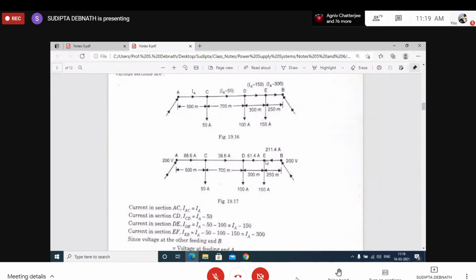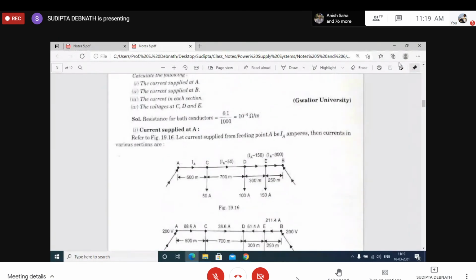So that current must be flowing in the opposite direction. Clear? So you can easily find out that at D current reversal is taking place. So D must be the point of minimum potential. Unless you find out the direction of the current, you cannot predict the point of minimum potential.